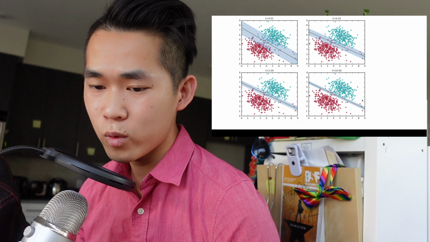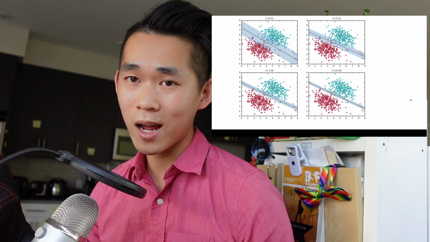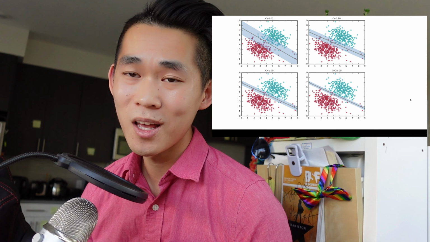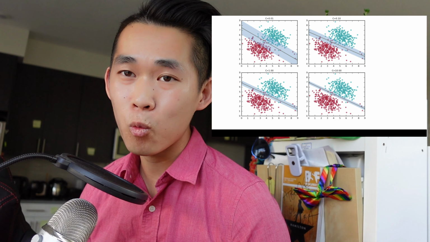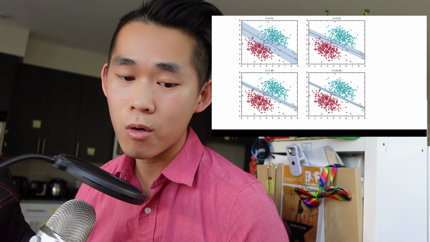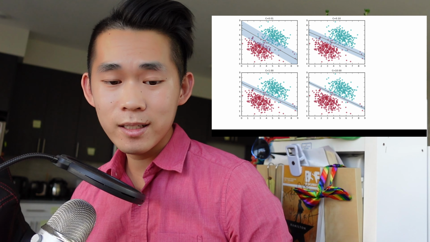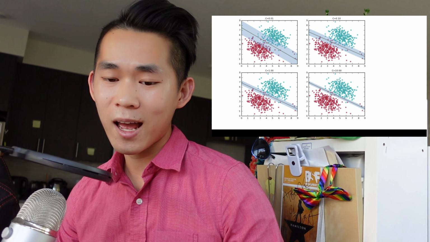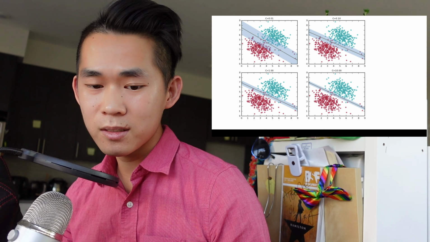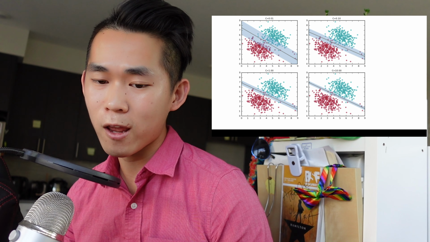And luckily, we do have a hyperparameter we can insert into the model that tells us how we are going to measure errors. How many errors can we even allow? That's C. C is a value that as it rises, makes it so that we can accept fewer and fewer errors.